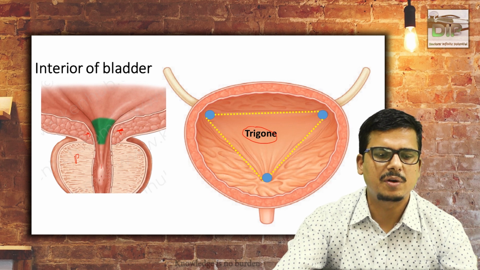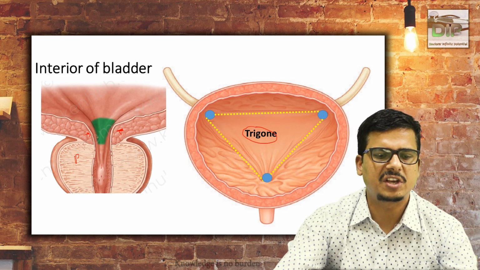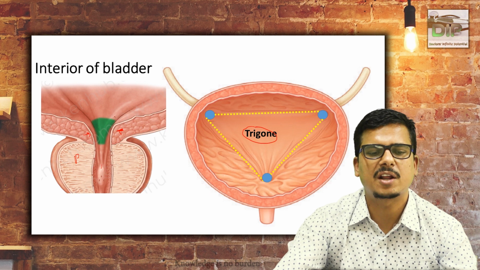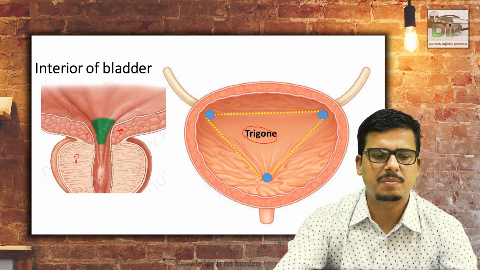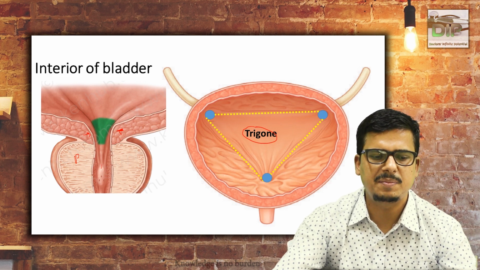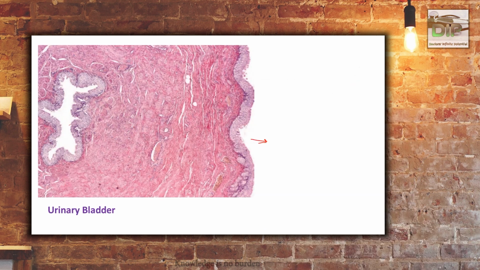Later we are going to see that this urethra also shares similar features to the urinary bladder. This part is also lined by a similar type of epithelium. Okay, this is the histological section of the urinary bladder. You can notice that there is a very thick muscle layer, also called the detrusor muscles.